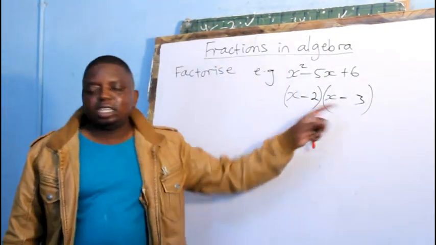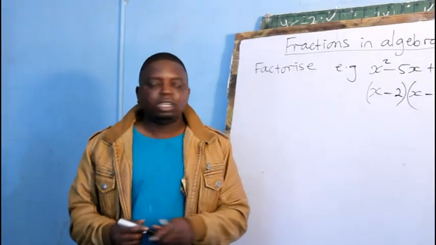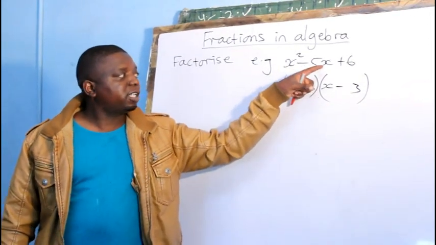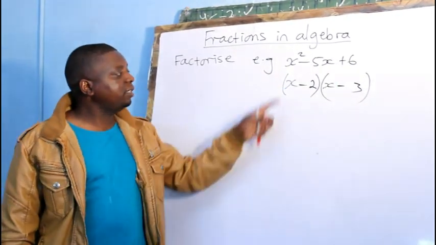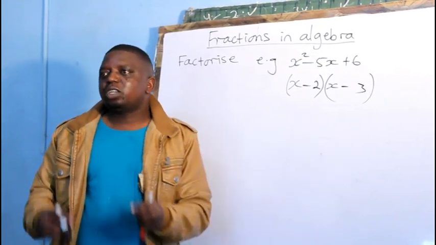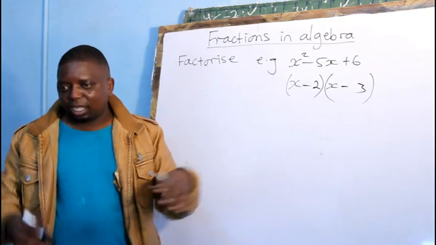So what have you done? You have shown the factors of this expression x squared minus 5x plus 6: x minus 2 and x minus 3. Those are the terms that you multiply to give this. That's factorizing.